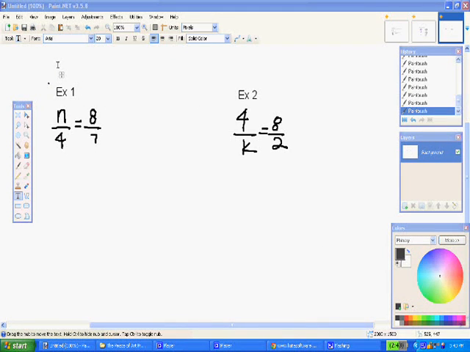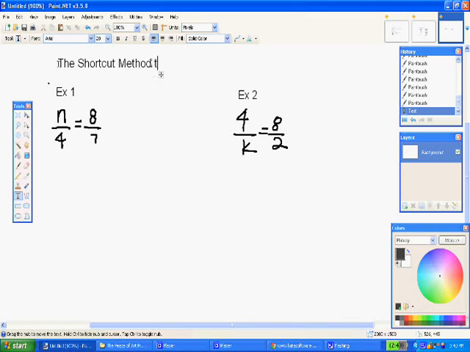Now you're ready for the shortcut method. And it's simply the cross multiplication method. Go ahead and pause this video, copy down these problems again, and then when you're done, you can start the video over again.